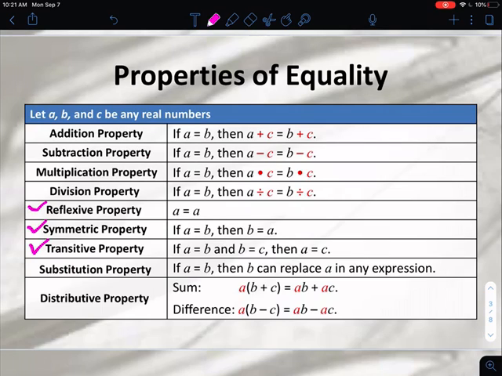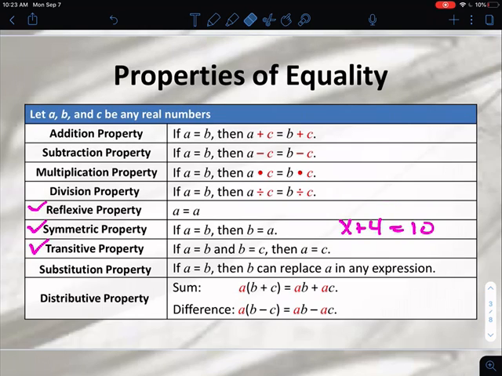The symmetric property, if I have an equation, A equals B, I can flip-flop that equation and the left and right sides will still be equal. So if I have an equation like 10 is equal to x plus 4, I can flip that equation and say x plus 4 equals 10.